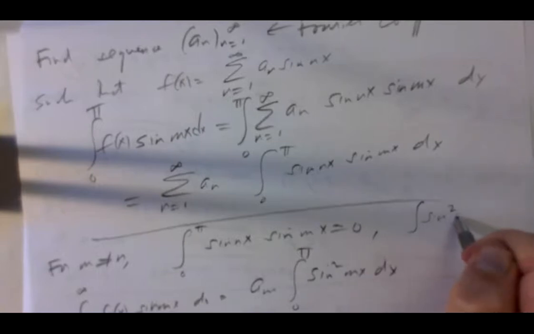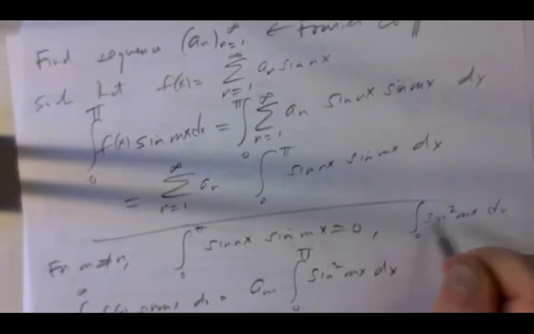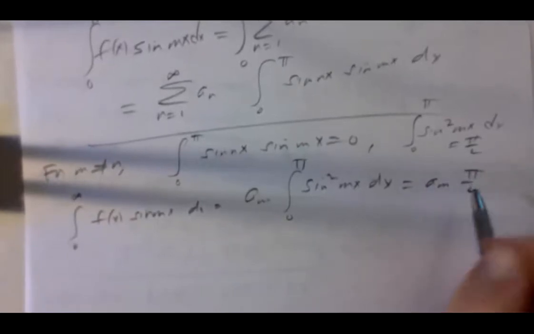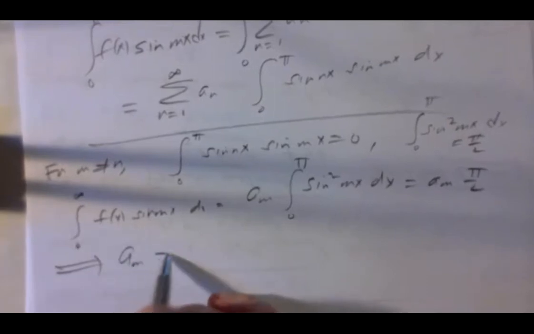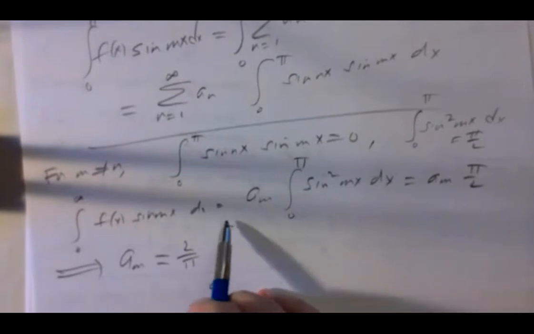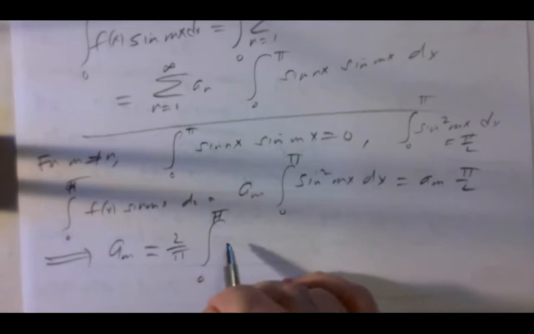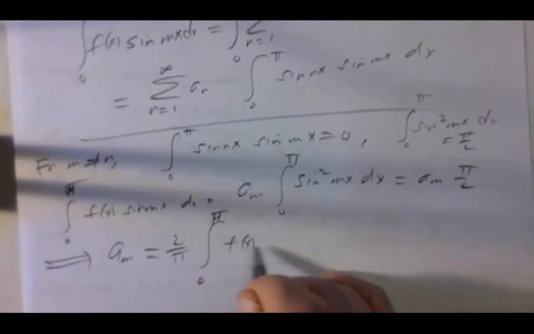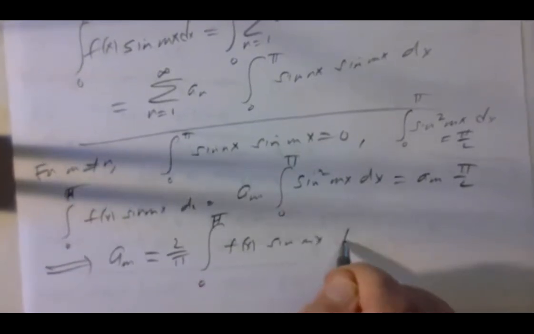The integral of sine squared mx dx from 0 to pi is pi over 2. So this is a sub m times pi over 2, which gives us a formula for a sub m: 2 over pi, the integral from 0 to pi, f of x sine mx dx.